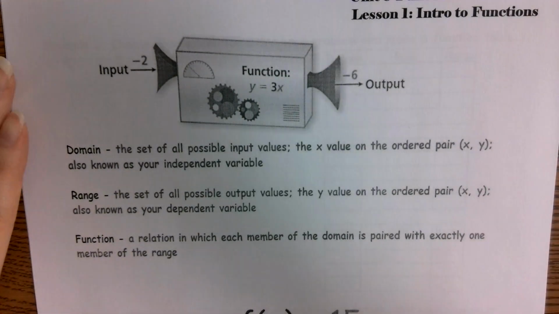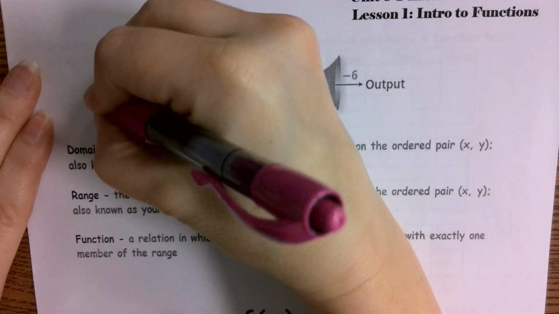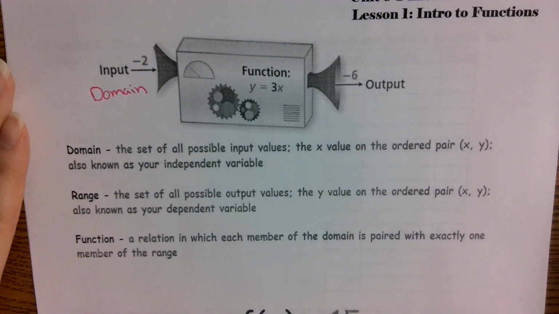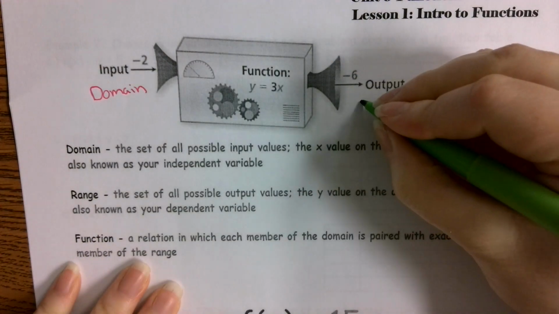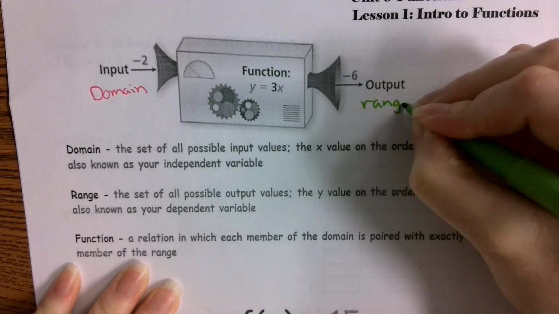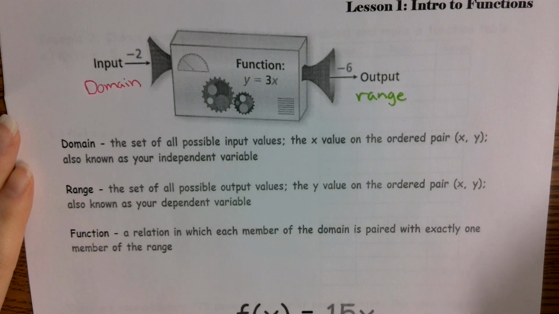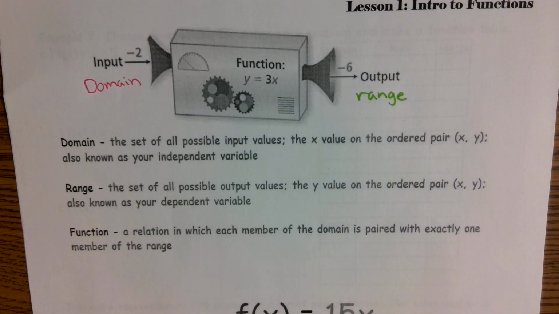So again, let's go ahead and mark that here. This is your domain, what you're plugging in, and this is your range, what you're receiving back. Now the function itself is just how each of your domains and ranges relate to each other.